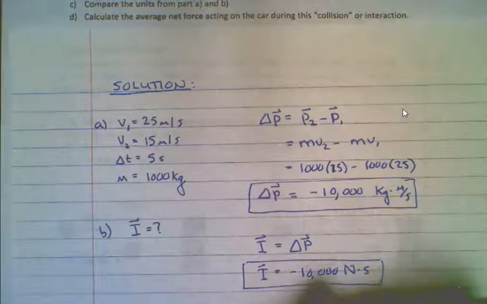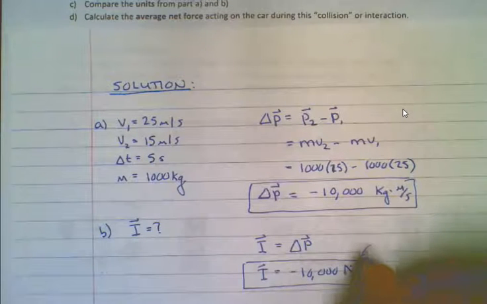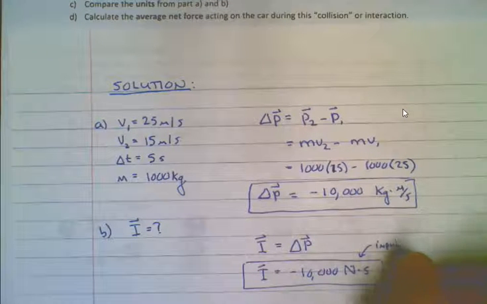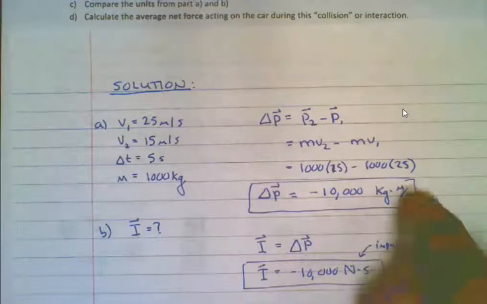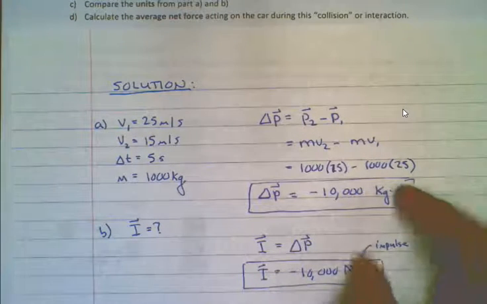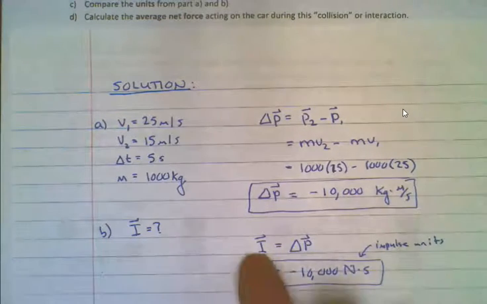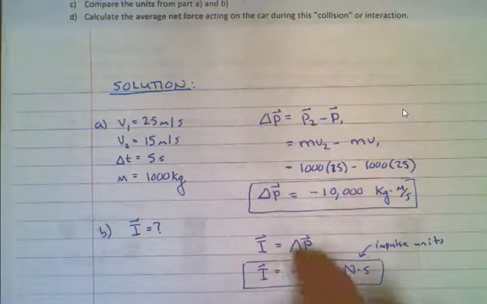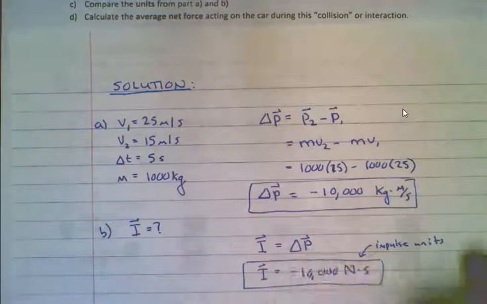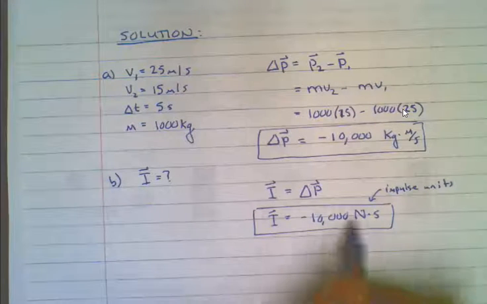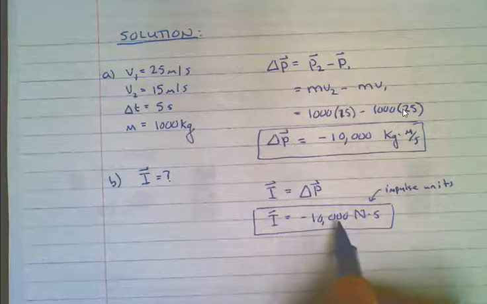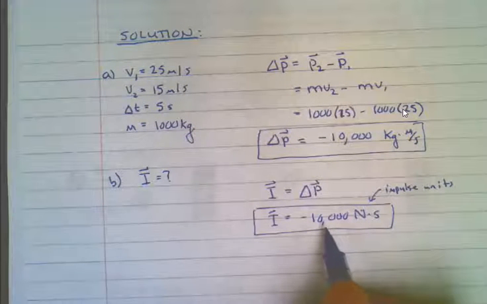This is typically how we write impulse units. But they're identical, exactly the same. Newton seconds, kilogram meters per second, no difference whatsoever. Impulse is nothing more than a simplification: instead of saying change in momentum, we just say the impulse acting. We know that the acceleration would have been negative, which is clear because we get a negative impulse.